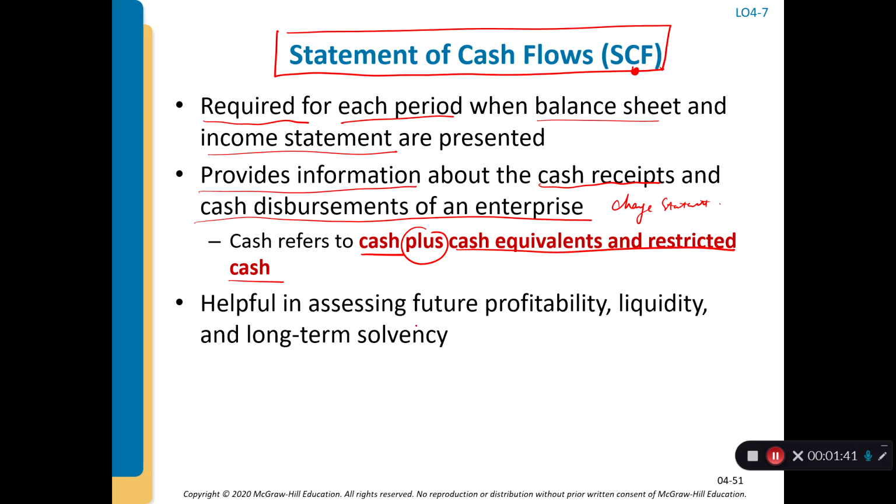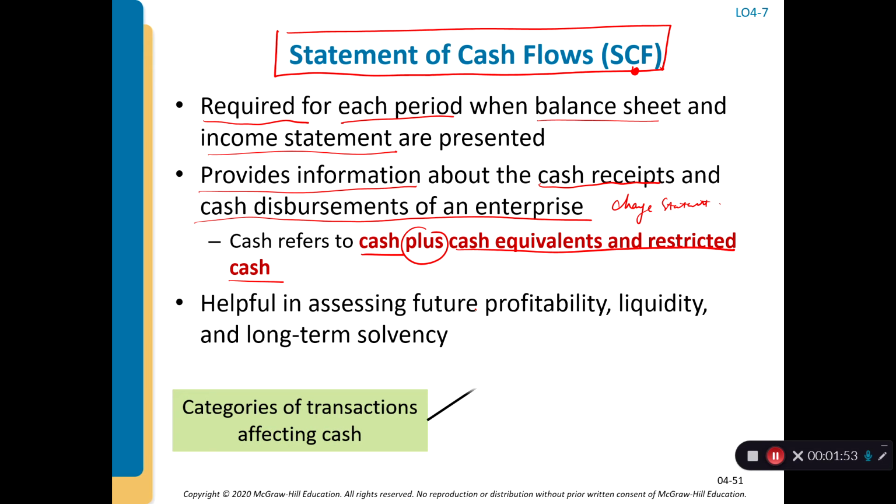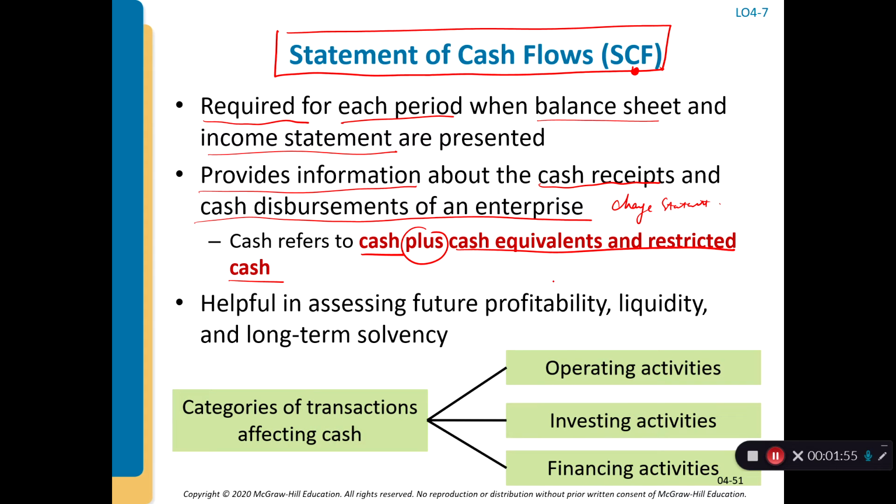But still, when the information about cash from operating activities is combined with investing and financing, it can assist in assessing future profitability, liquidity, and long-term solvency.